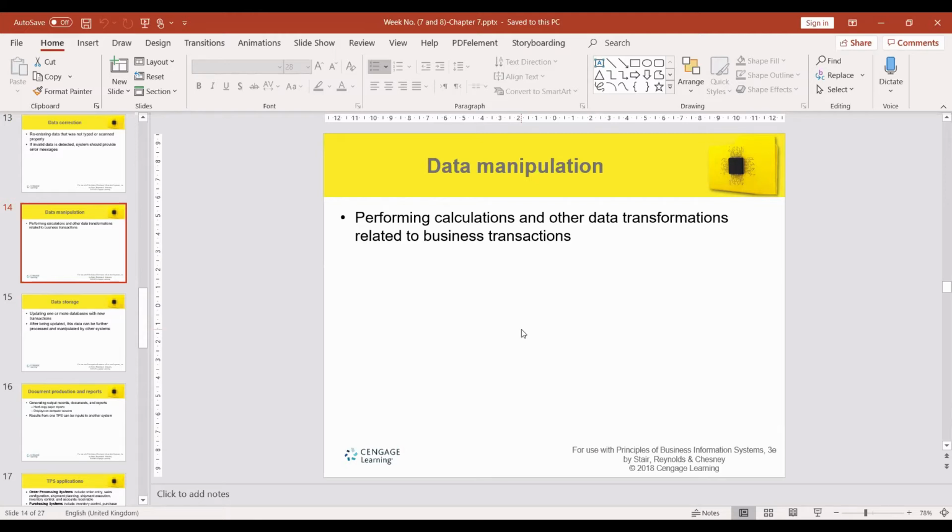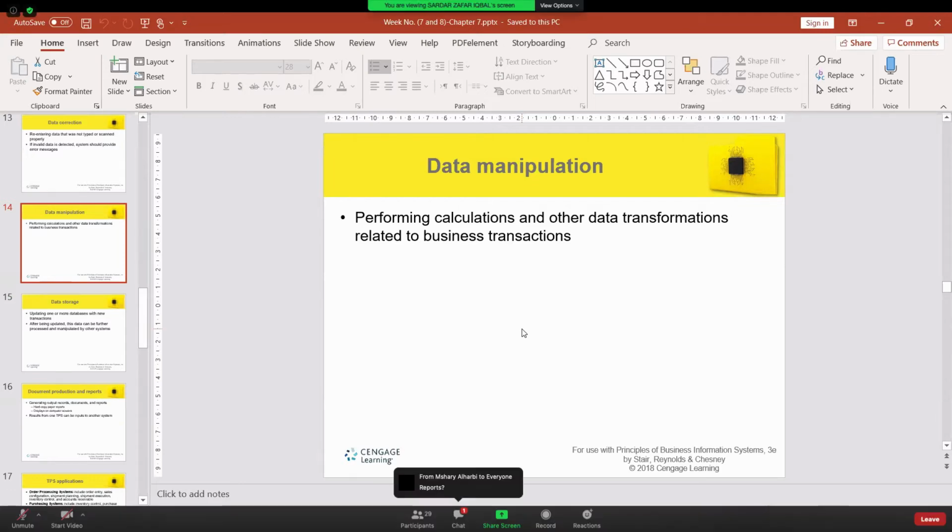Can you tell me what kind of analysis you can bring out from the data you have entered in your system? Any example of data analysis, calculations? Yes, reports. What kind of reports? What kind of data do you usually produce in your report?